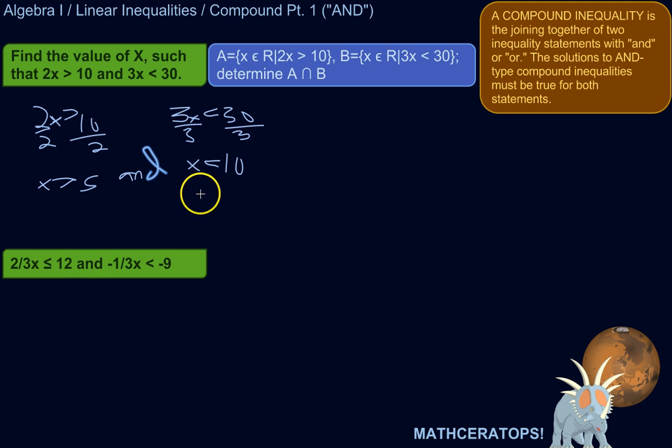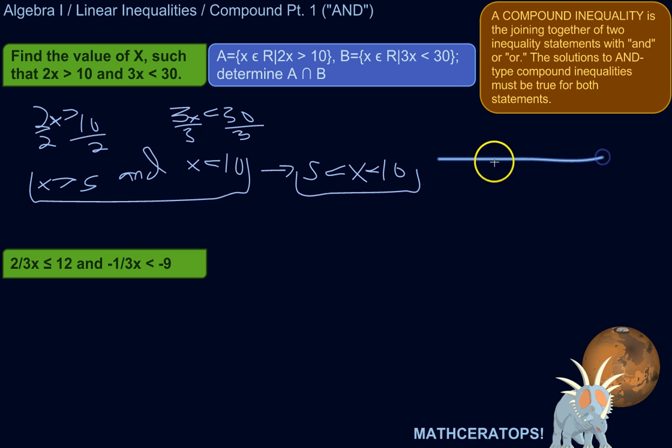I could say that 5 is less than x, and x is less than 10, or x is between 5 and 10, not inclusive. So 10 and 5 wouldn't count as a solution, but anything between 5 and 10 would count. This would mean the same thing.